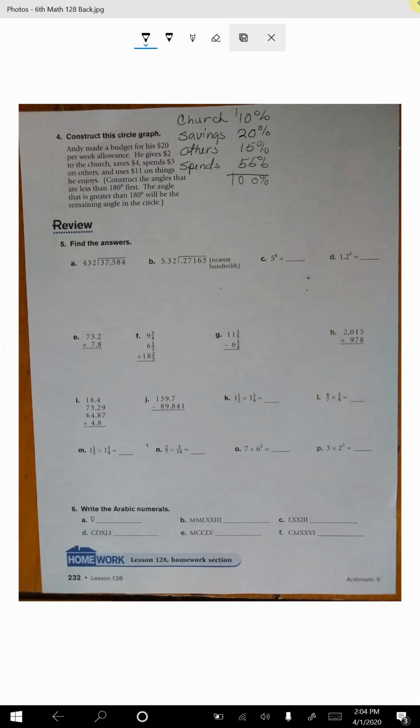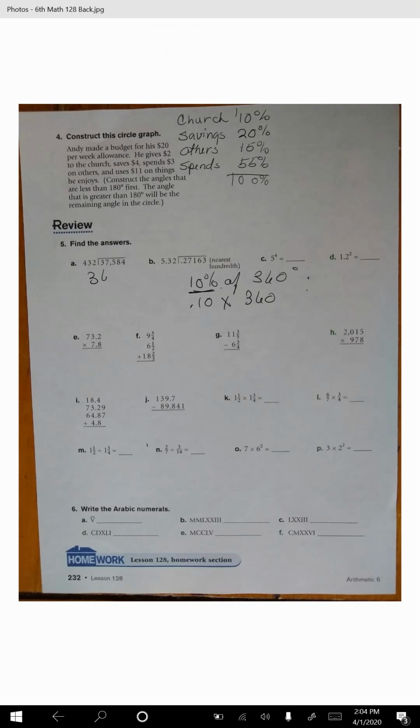All right, so how many degrees is a circle? A circle is 360 degrees, right? So we're trying to find out what 10% of 360 degrees is. So what do we do here? Change the 10% to 0.10. Of means times and 360. All right? 10% of 360. Let me erase this.